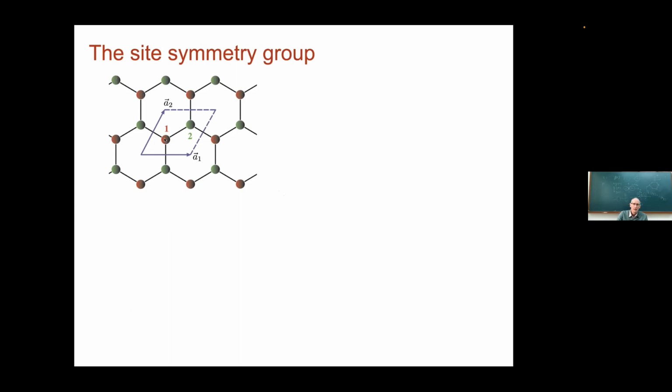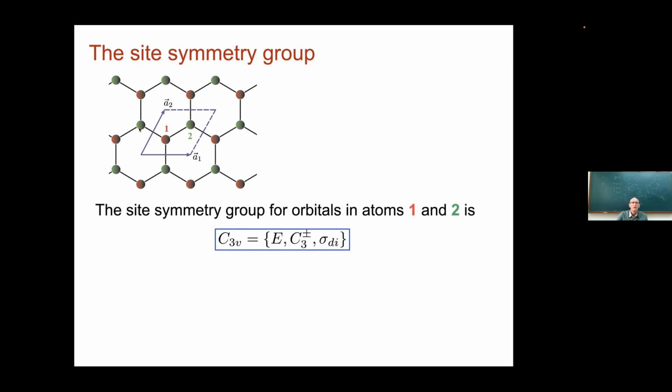Now you see, graphene is really invariant under C6v, okay? The lattice is invariant under 6-fold rotations. However, if I live in this atom, my environment is not 6-fold rotation invariant, because you see, this direction is very different from this direction.